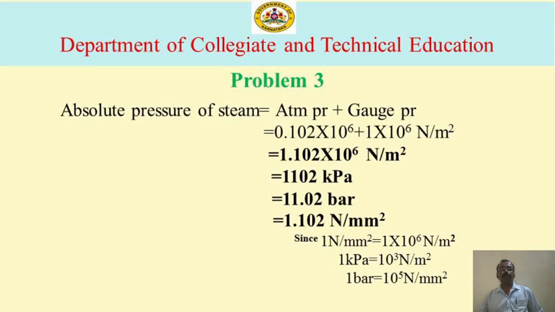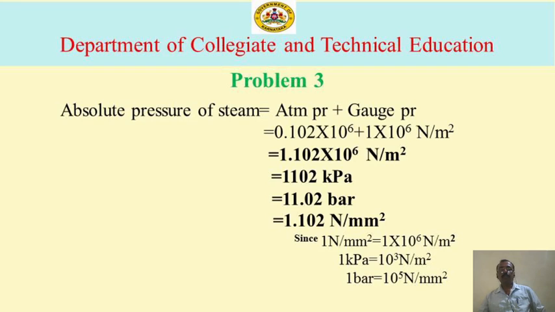Absolute pressure of steam is equal to atmospheric pressure plus gauge pressure. That is 0.102 into 10 to the power of 6 plus 1 into 10 to the power of 6 Newton per meter square.